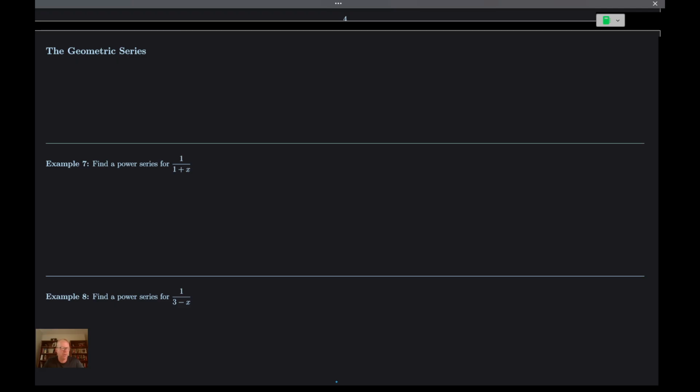So the geometric series, as we know, we have the sum from n equals 0 to infinity of x to the n, which when we write out the terms, we have 1 plus x plus x squared plus x cubed, and so on. And so we know that this converges for absolute value of x less than 1.